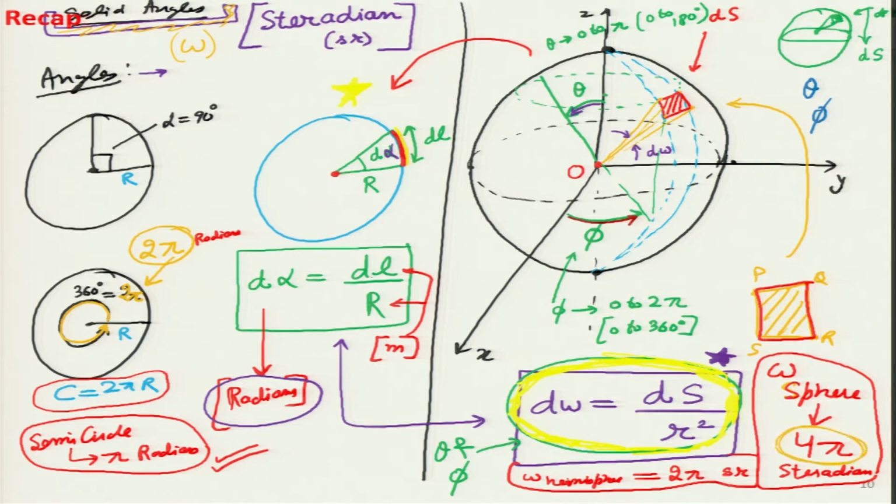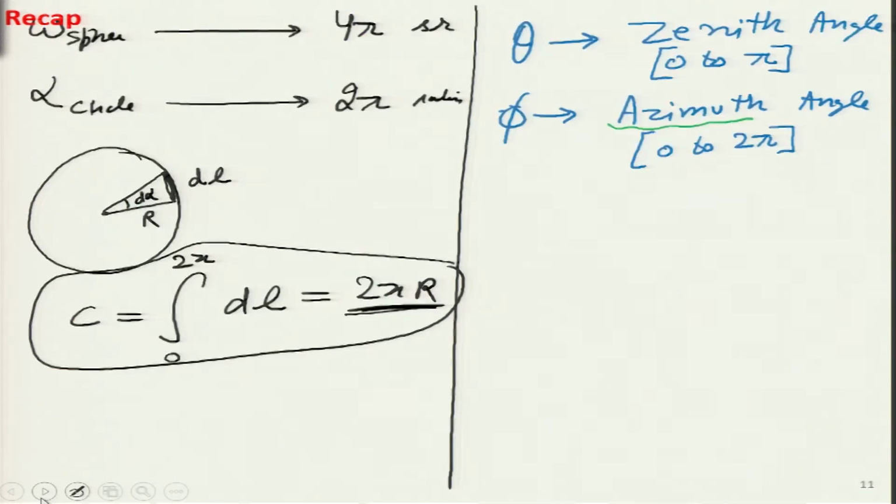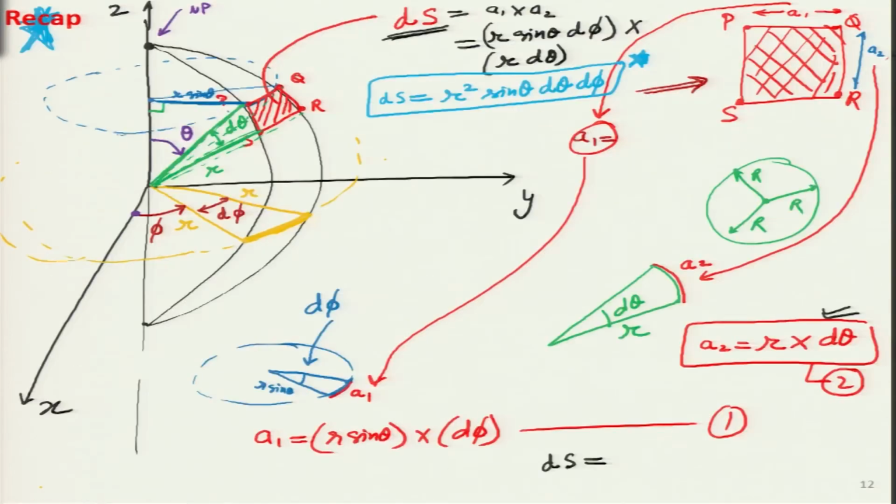We looked at how the solid angle is defined for a small surface area ds. It is simply ds divided by r square, which is shown in this graph. Then we defined two angles, the zenith angle and azimuth angle, given by theta and phi. And then we did the derivation for that particular d omega by considering it in more detail.